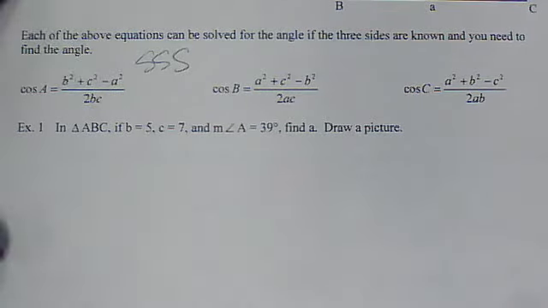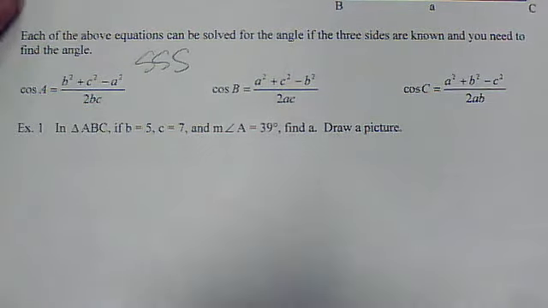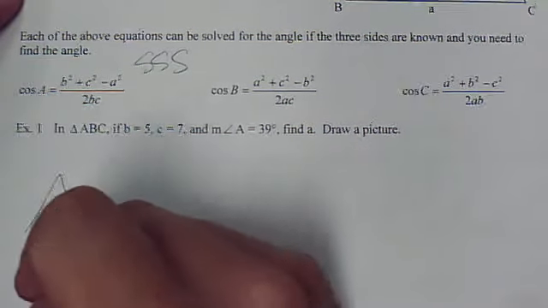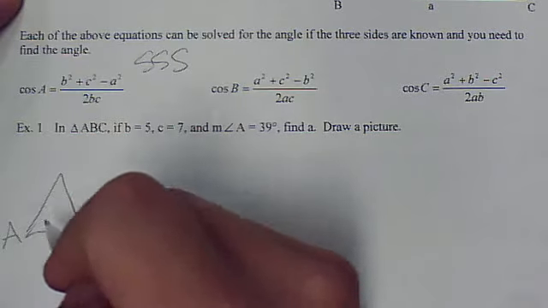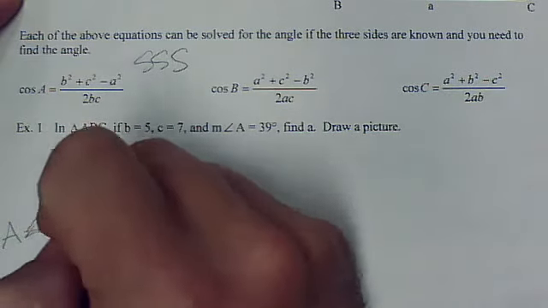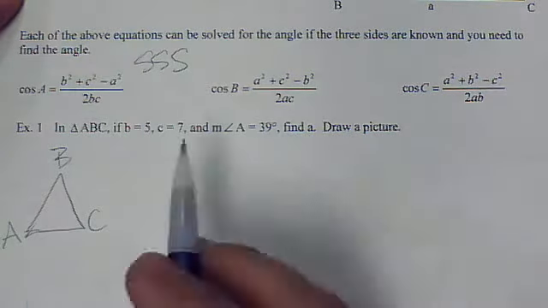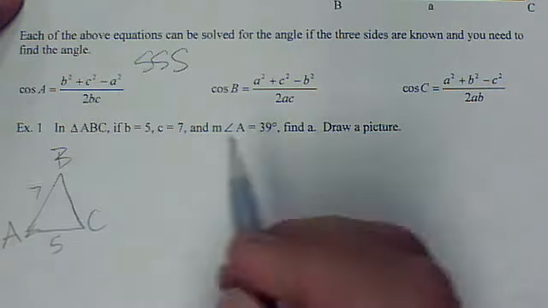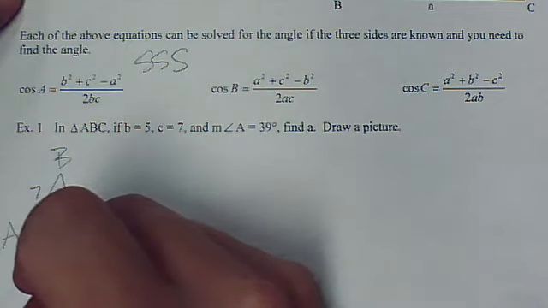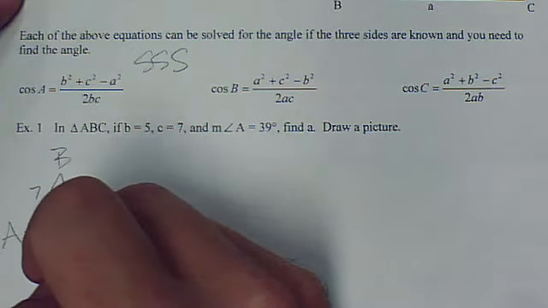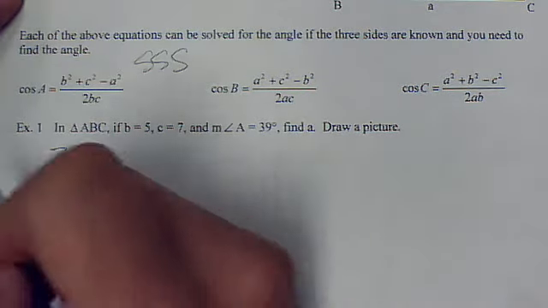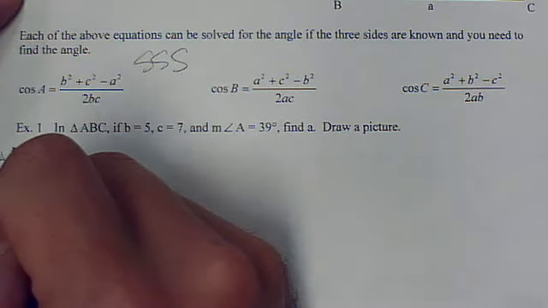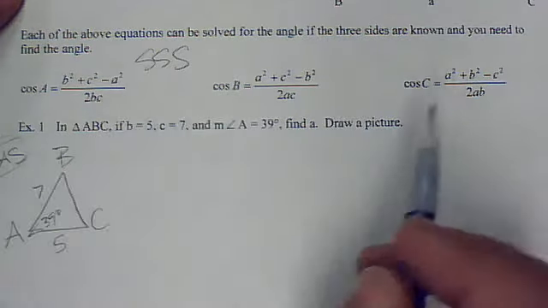Okay, so for the first example, we've got triangle ABC, where side B is 5, side C is 7, and angle A is 39 degrees. So we're looking at side, angle, side. So I would use that first formula.